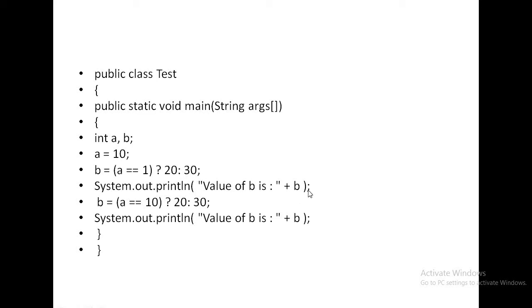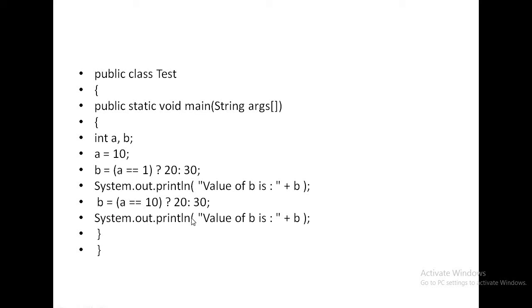In the next line, again I am writing b = a == 10 ? 20 : 30. How is this line evaluated? First the expression is checked whether a equals 10. The value of a is 10, so 10 equals 10. The condition is true. If the condition is true, the value before the colon, that is 20, is assigned to b.